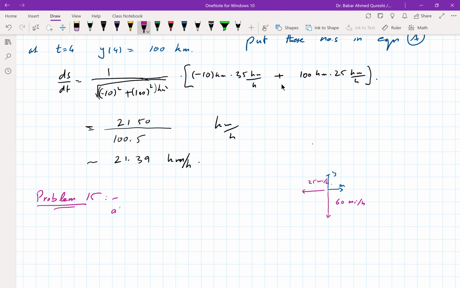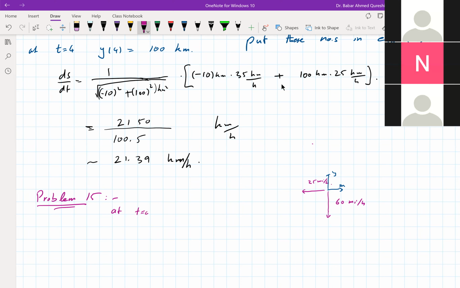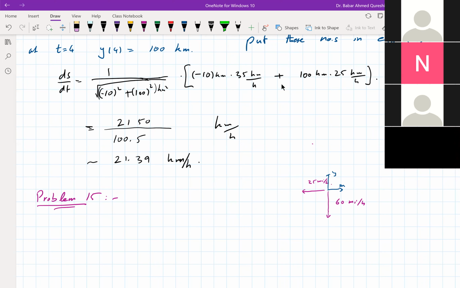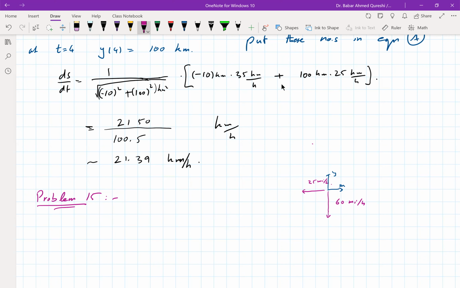So at t equals 0, again, I can say position of car A. I'm gonna represent it by x because it has only x component. If you want, you can write it like this.